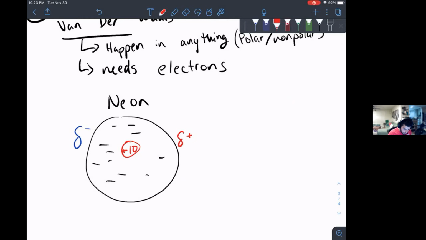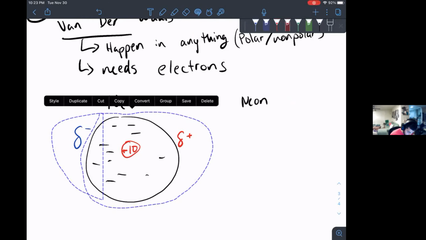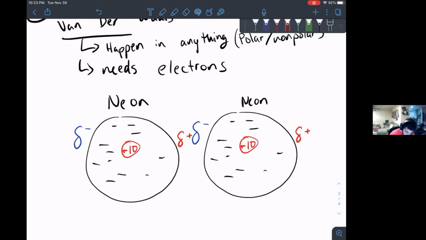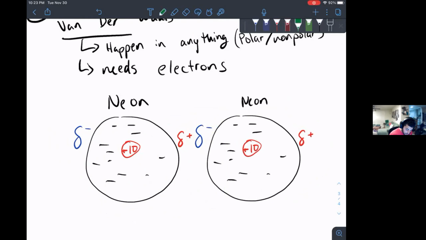And due to this, we get this ability to bond. If we have another neon close by, and I'm actually just going to go ahead and copy this one, I'll copy the whole thing. This positive and this negative end can feel this attractive force.